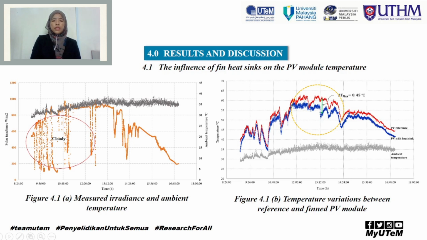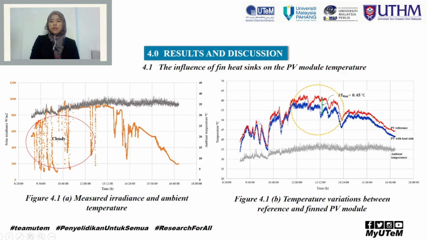The orange dotted line is the solar irradiance recorded from 8 a.m. in the morning to 6 p.m. So it can be seen that early in the morning it's a bit cloudy, hence the dotted line fluctuates a little bit. But the reading throughout the day is between 200 to almost 1000 watt per meter squared. The ambient temperature is quite stable, from 30 to almost 38 degrees Celsius.